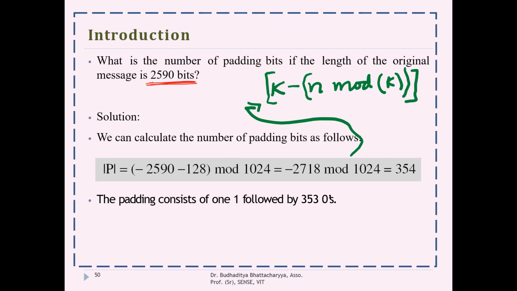You have 2590 bits as the original message. Just like we had 24, we have 2590 as the original message. The question is, how do I find out the number of padding bits which are required? For that, you have to just do the same thing.